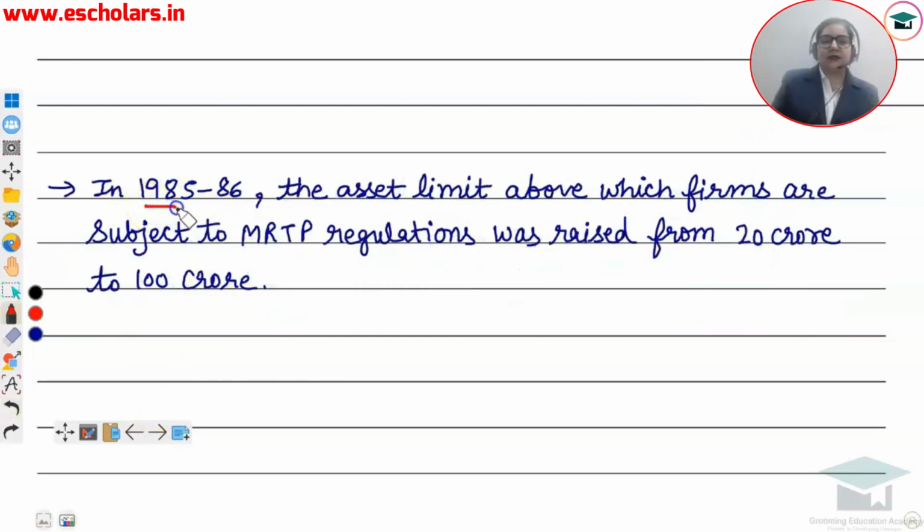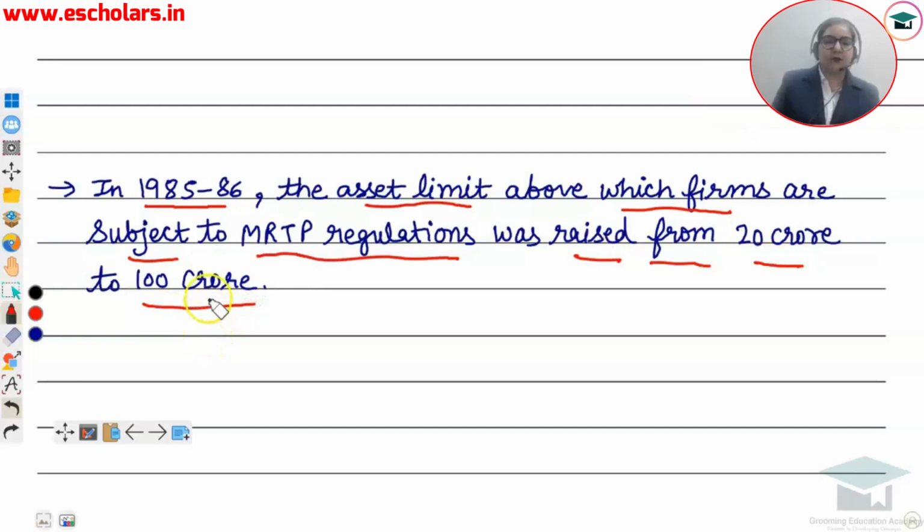In 1985 to 1986, the asset limit above which firms are subject to MRTP regulations was raised from 20 crore to 100 crores. Okay, so we already know about MRTP regulations.